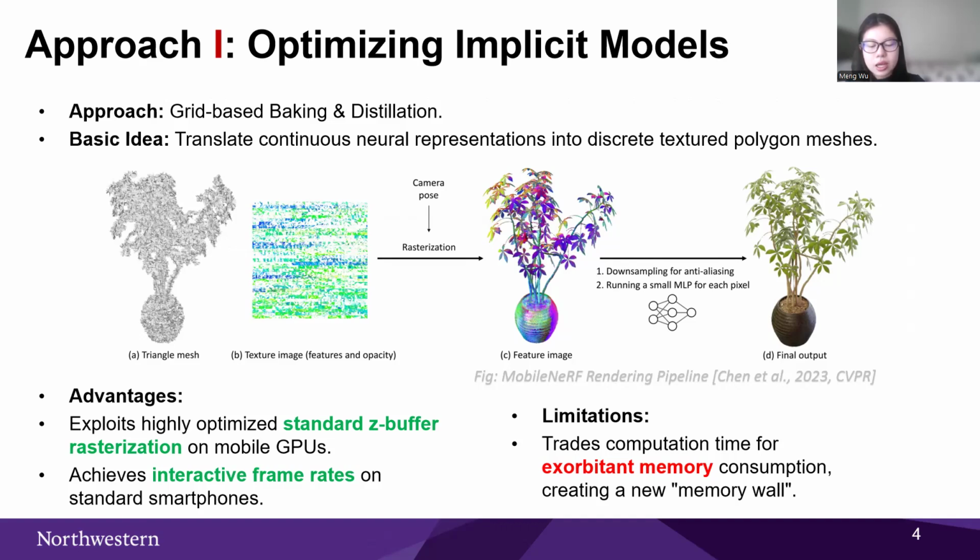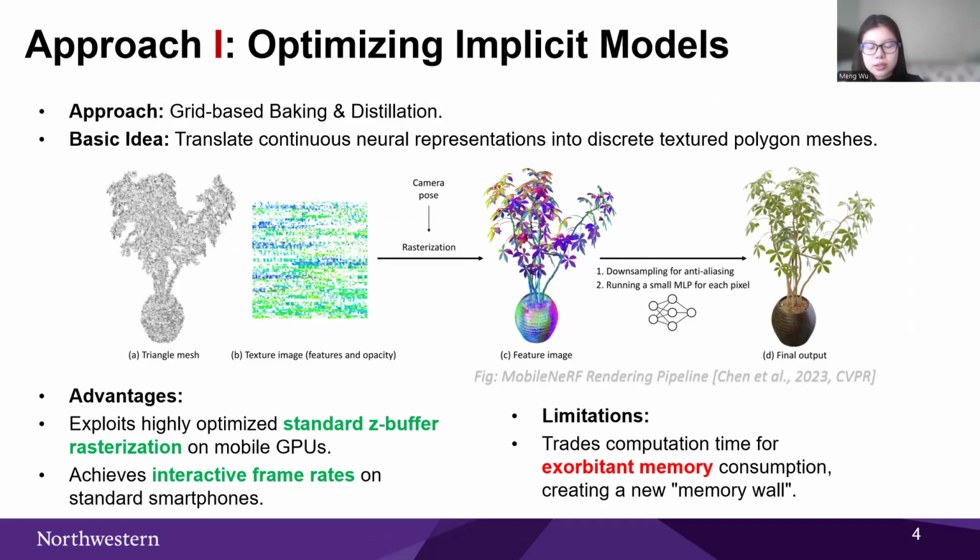of textured polygon meshes. The primary advantage of this approach is that it brilliantly exploits the highly optimized Z-buffer rasterization hardware that is natively present on standard mobile GPUs. By replacing heavy volumetric integration with standard mesh rasterization and a lightweight fragment shader, it achieves interactive frame rates on standard smartphones.